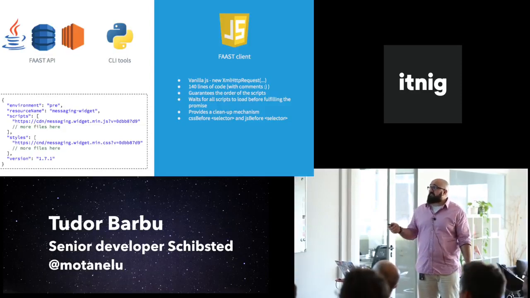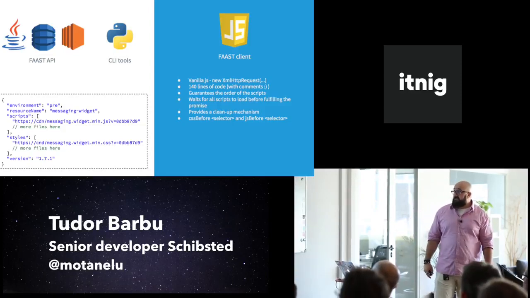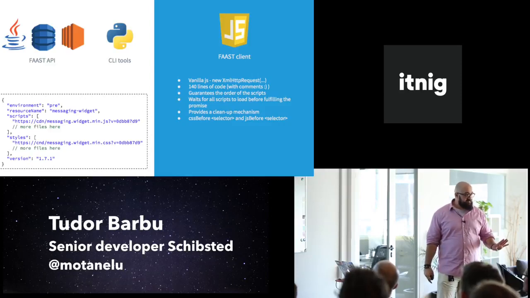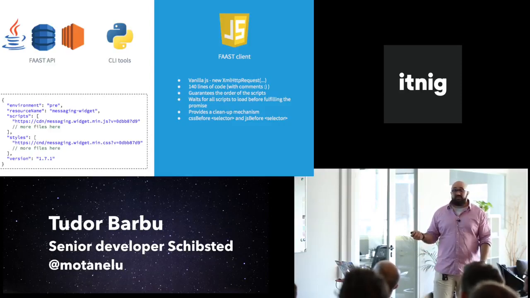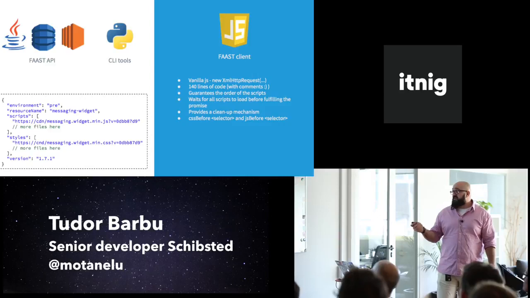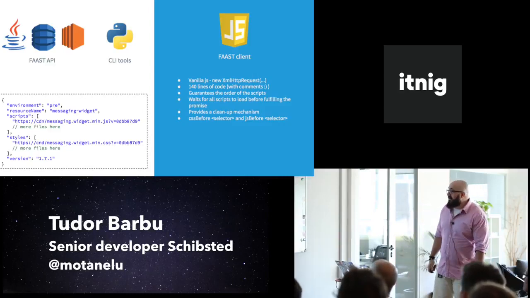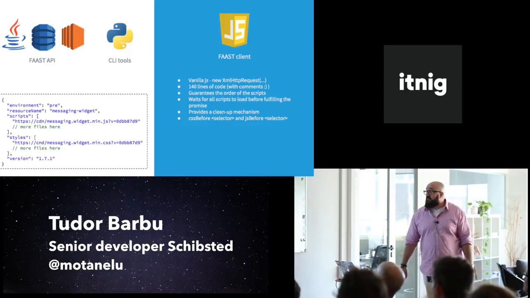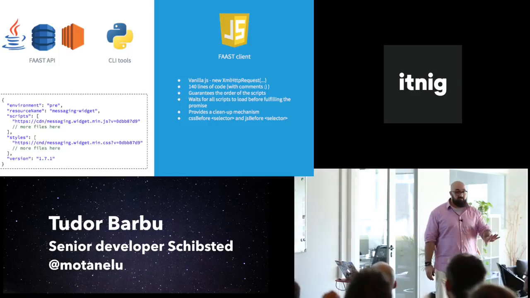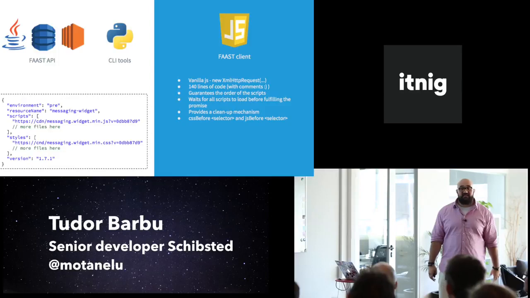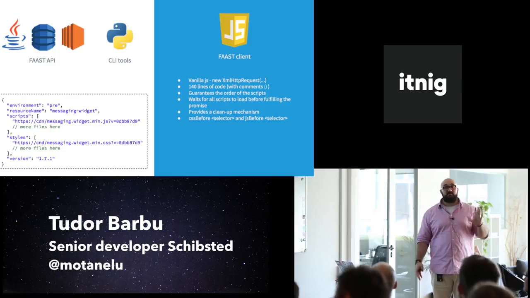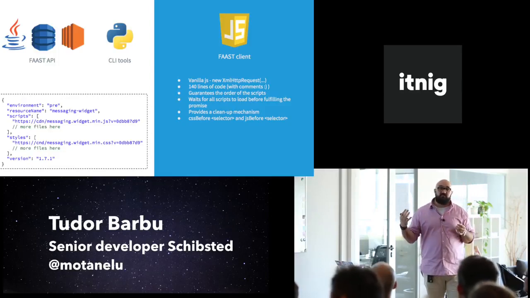And then we have the FAST client, which is very vanilla JS. So to do the AJAX request, I manually create an XML HTTP request. I don't know if you've seen this in the last 10 years. It has 140 lines of code, including comments, which I'm really proud of. We tried to sell this approach to the marketplaces.